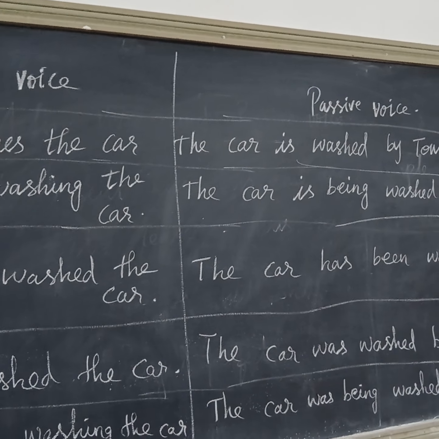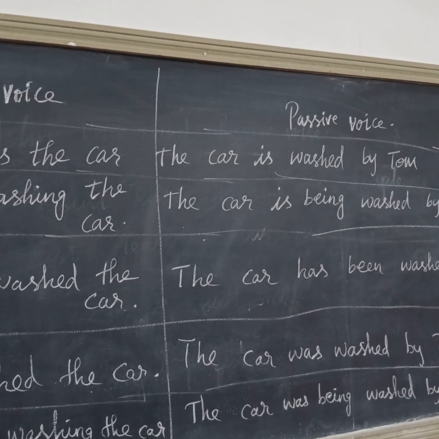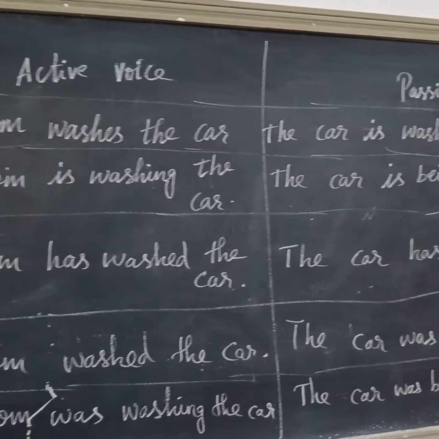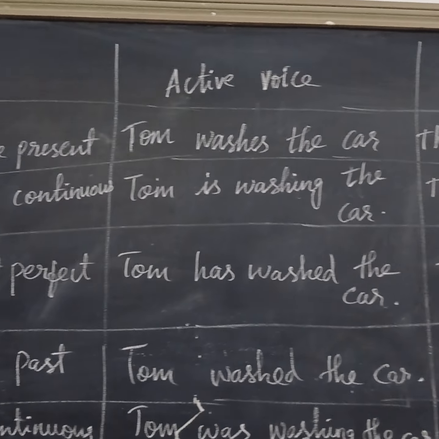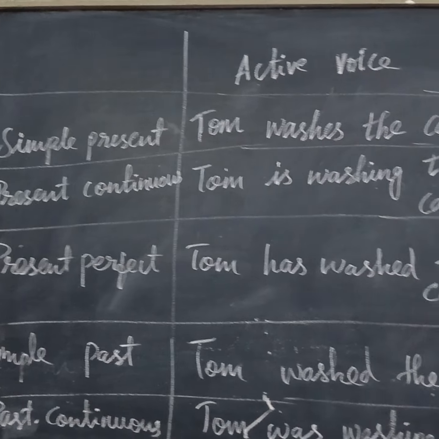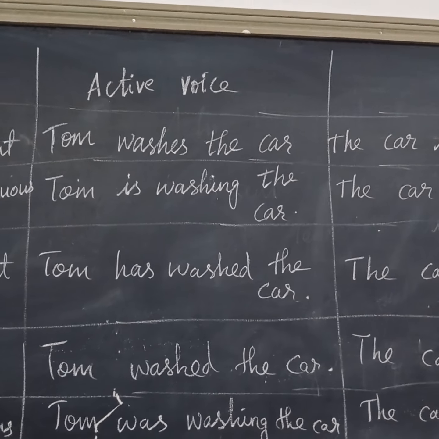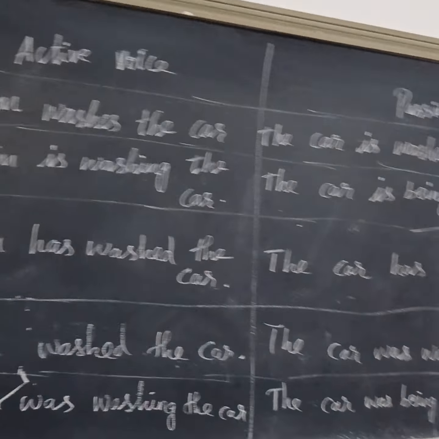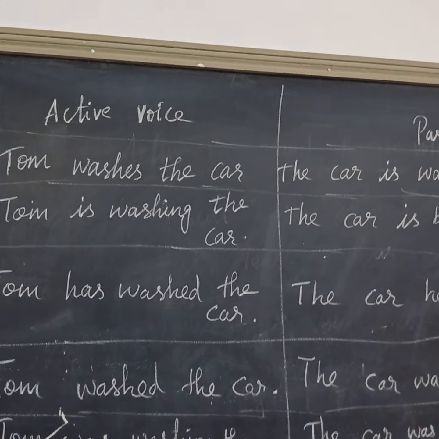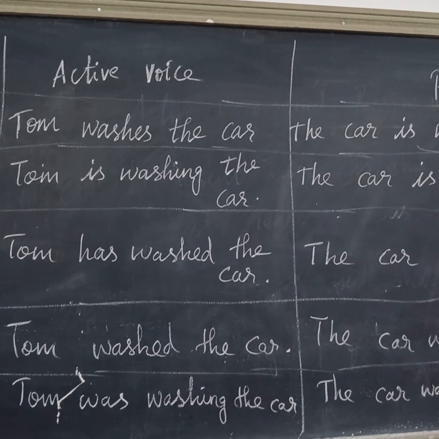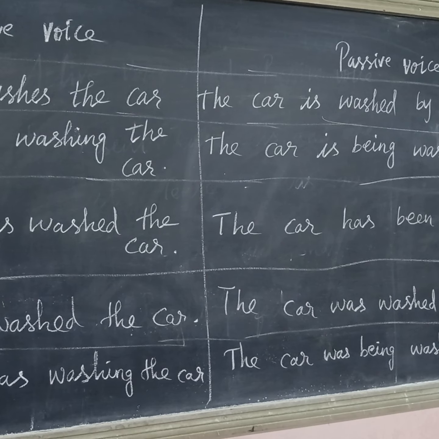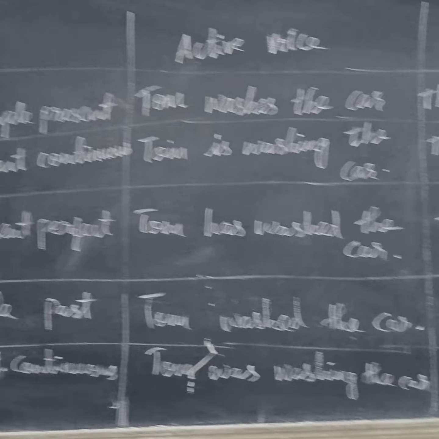So now the sentence is complete: the car is washed by Tom. Why do we put is here? Because washes is simple present tense, so we have to put the present tense auxiliary verb, then the V3 form of the verb, washed by Tom. This is simple present tense.